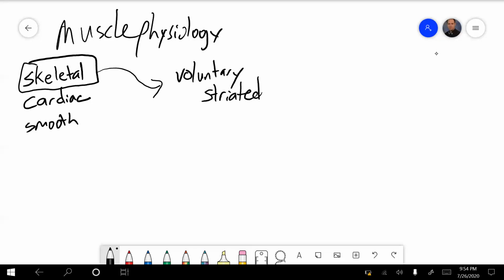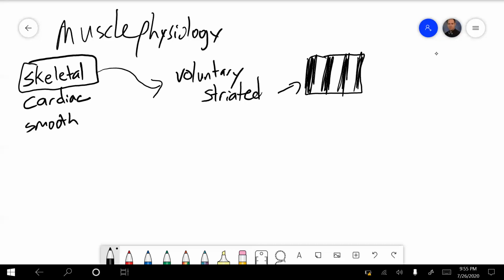What that means is that you'll see light and dark banding. If we look at skeletal muscle on a microscope slide, what you'll see is striations. So it is striated. All right, so voluntary muscle, striated muscle.